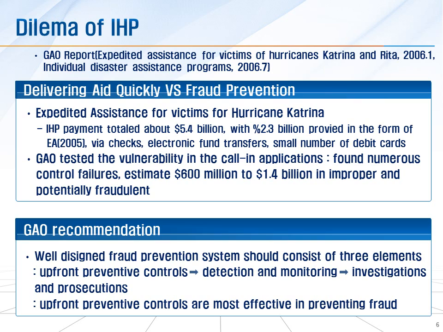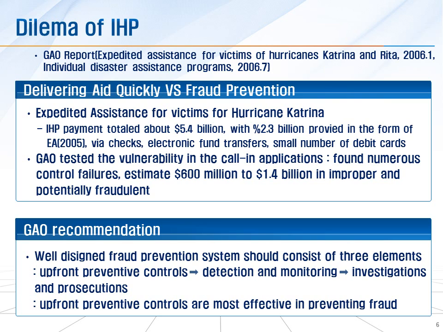GAO also found numerous other internal control failures in FEMA's IHP disaster assistance program, resulting in an estimate that FEMA made 600 million to 1.4 billion in improper and potentially fraudulent payments.